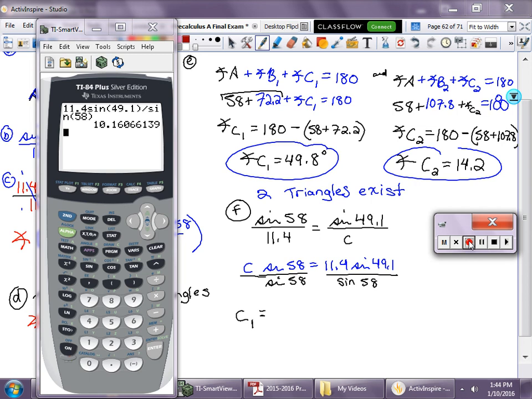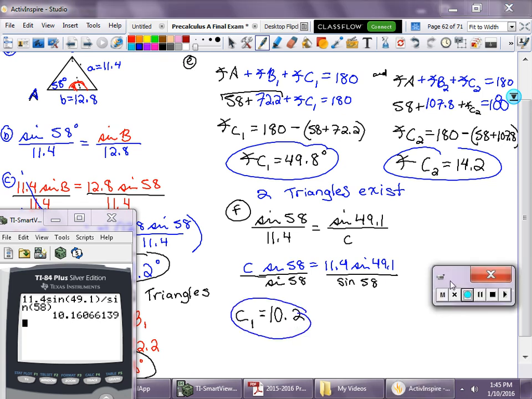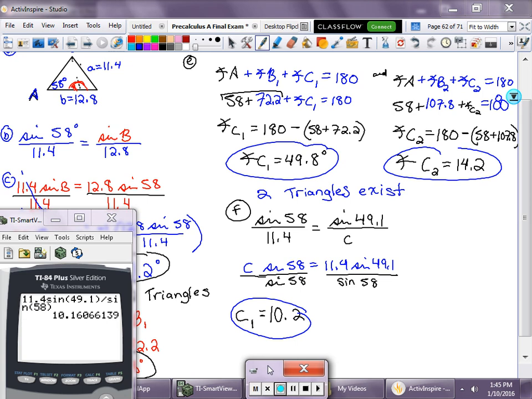Let me just make sure we put it in correctly. We just put in that first theta value. Okay, so we have that C1 is equal to 10.2. And let's go ahead and find the other possible value for C2.